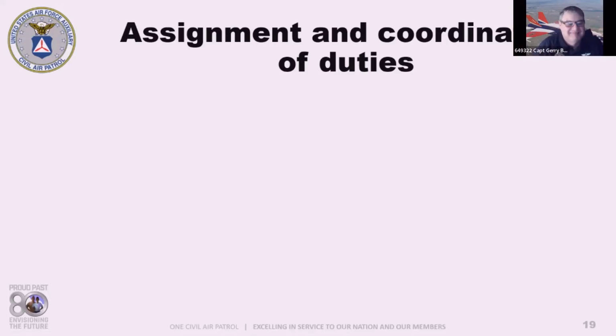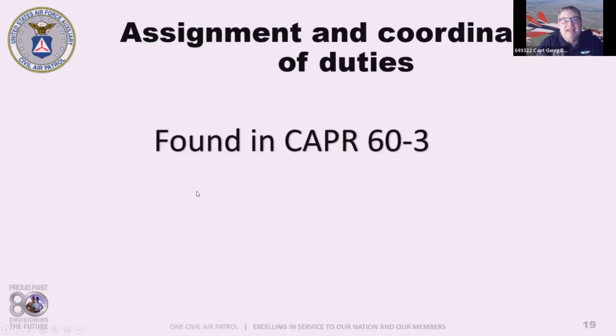It was awesome. So we just saw how assignment and coordination of duties is essential to crew resource management. CAP aircrew duties are found in CAPR 60-3. Download it, read it.